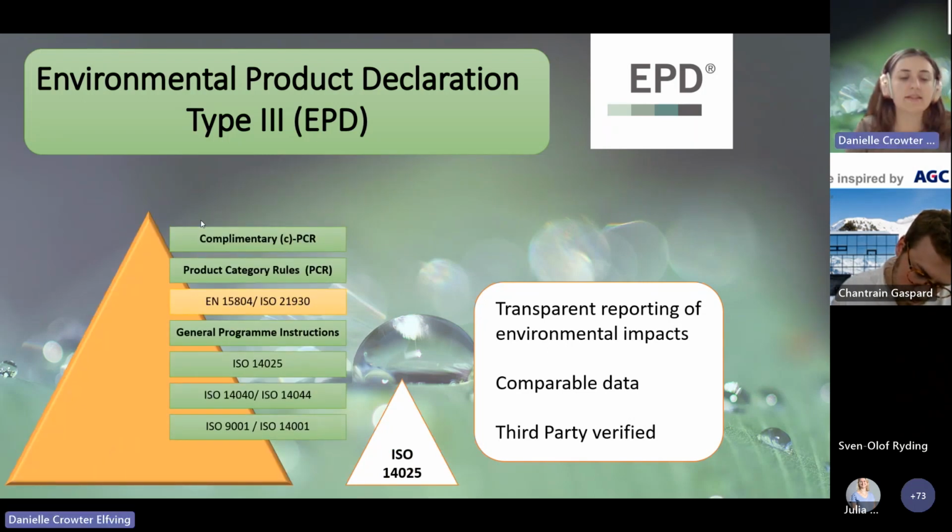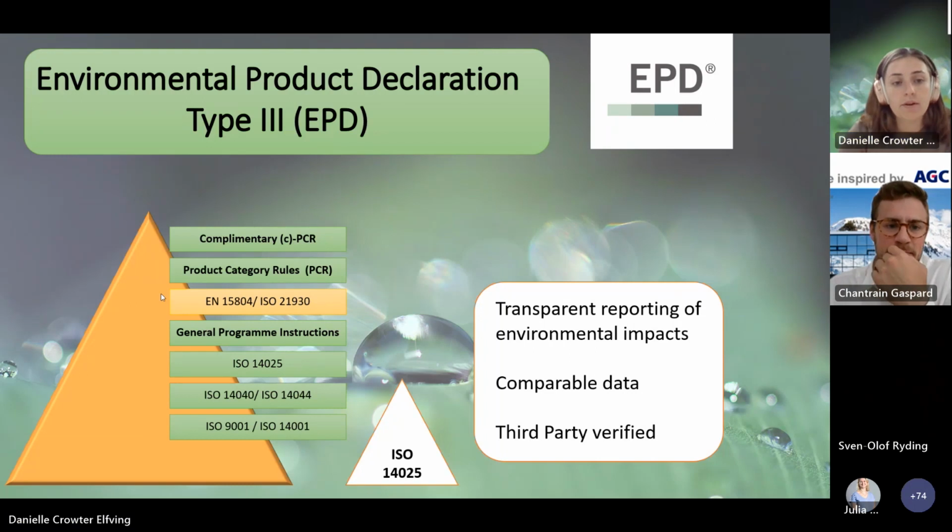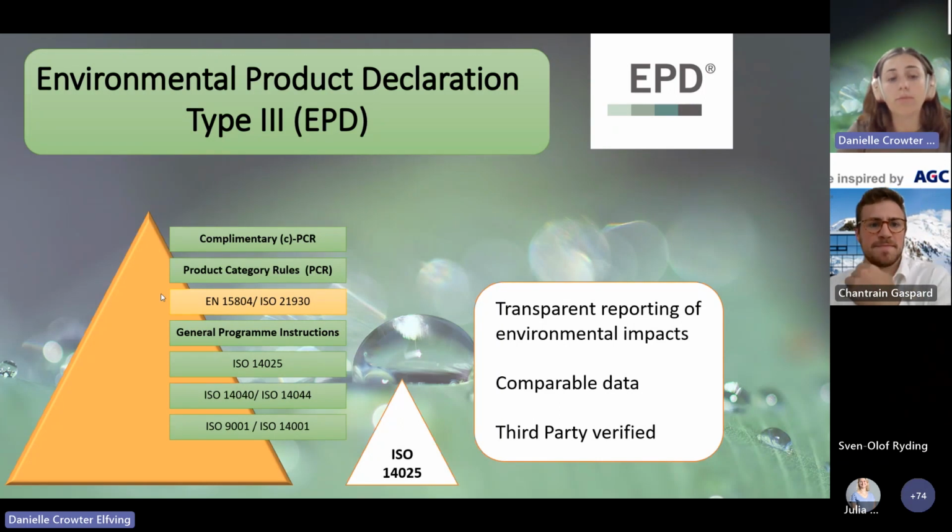So these next images represent the pyramid of what dictates the rules in an EPD. The bottom two ISO codes are general LCA codes, while the 14025 is the EPD specific rules. So if you're curious about the background to everything, this would be the rules that every EPD follows. We also have our general program instructions, which are our internal guidelines. And this is also a mandatory element for a program operator.